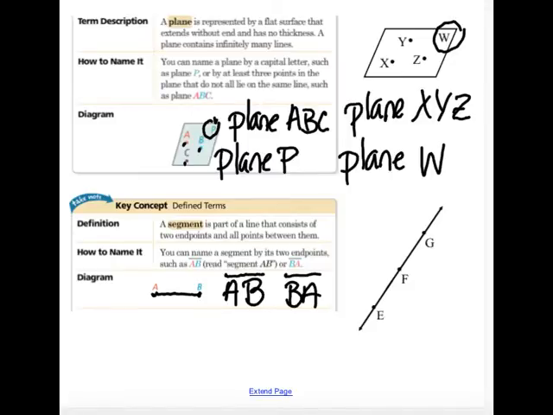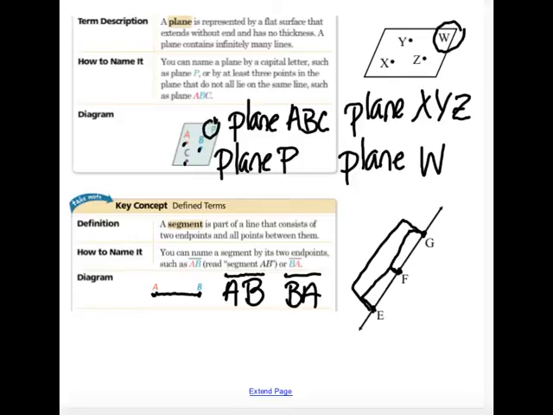So looking at the right, I have a line EF or line FG, anything like that. And so there are a couple different line segments in here. You notice I have 3 points, and each point can be connected to another one to make a line segment. So I could have EF, I could have FG, and honestly, I can also have a big one, EG.